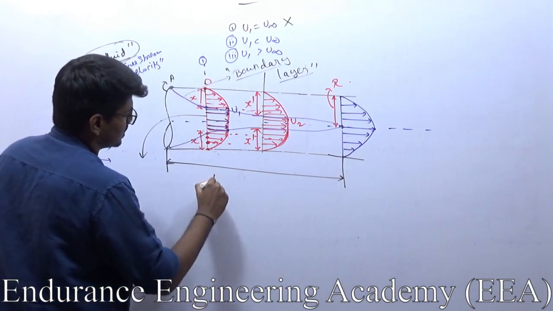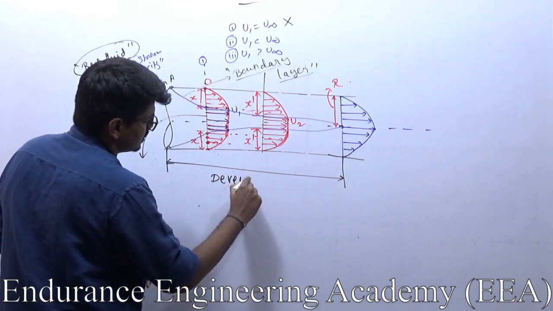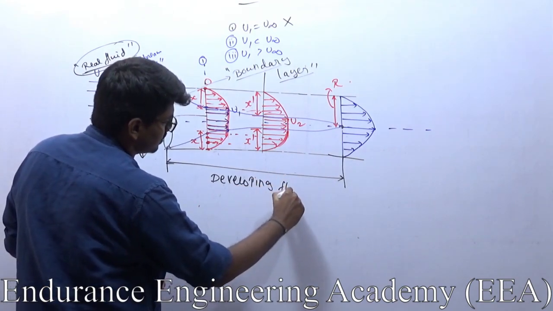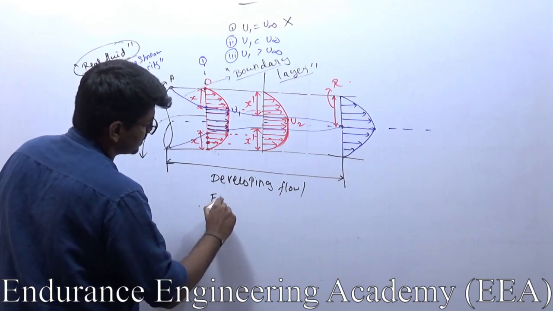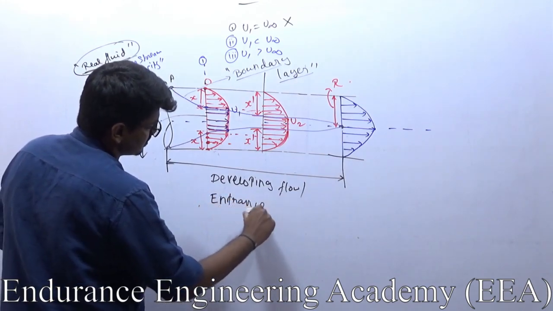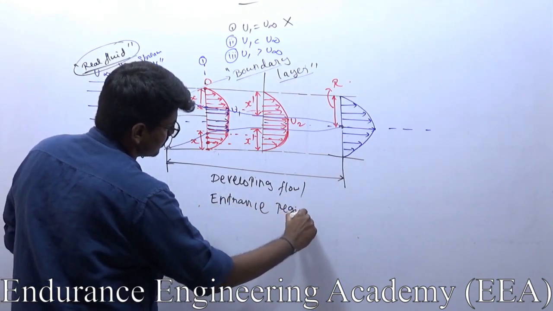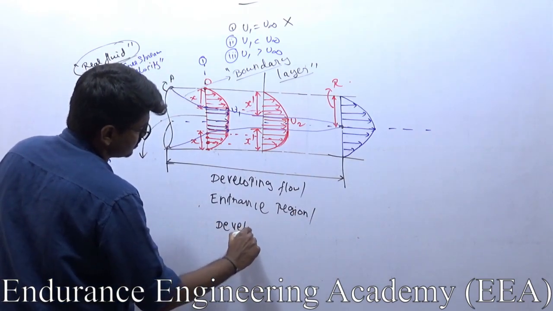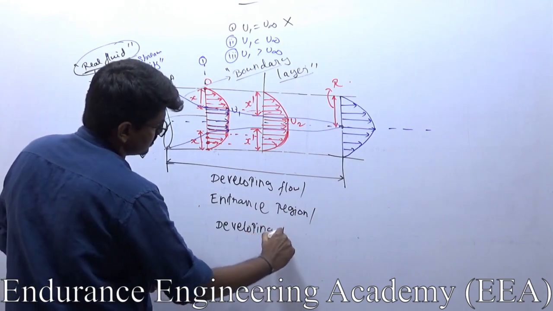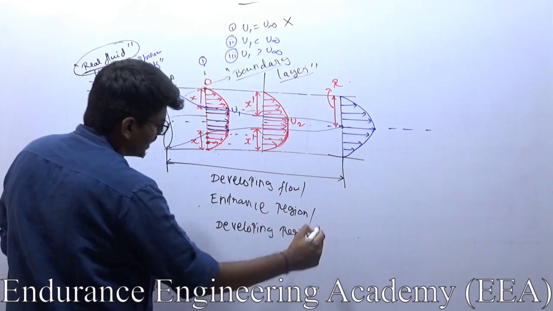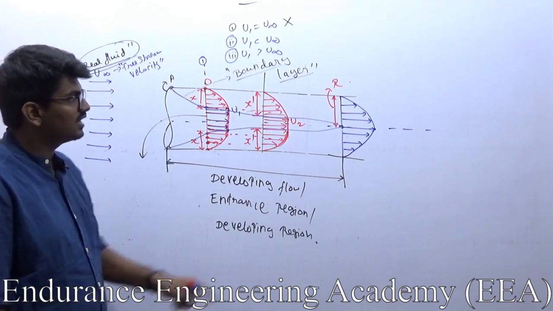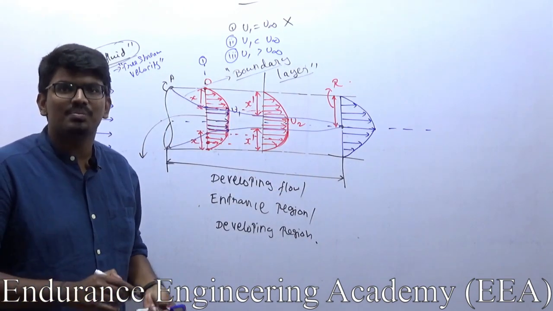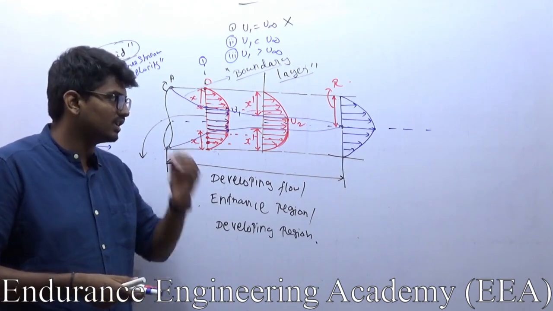The first one is developing flow, also called the entrance region or developing region. This is the region or the flow in which the velocity profile is developing continuously. There are some proper definitions, I will give that, but for now you understood it like this.